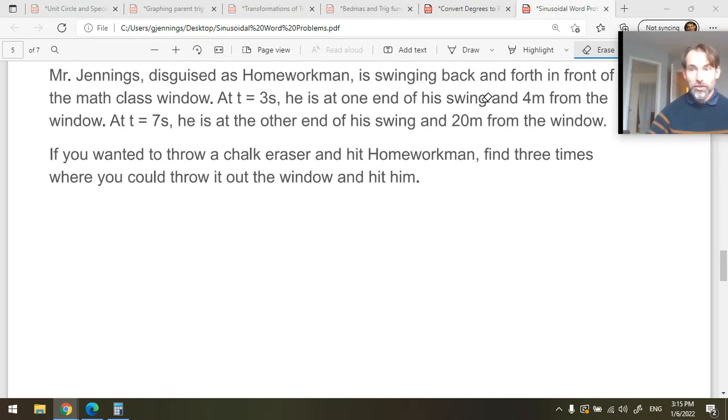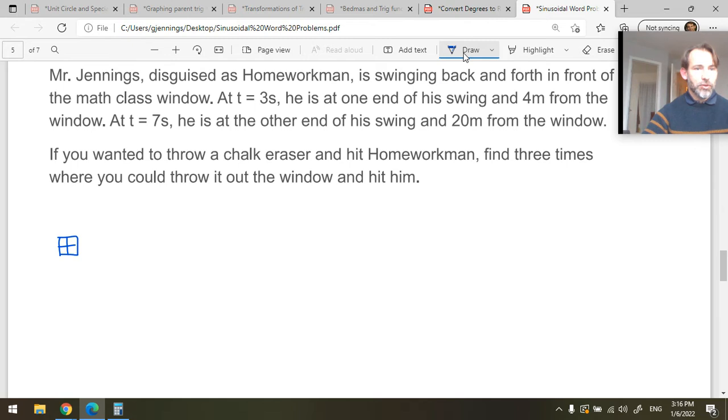Okay, let's see if we can use our knowledge of trigonometric functions to figure out when to peg me with the chalk eraser. So we know these things. We should draw a picture first of all this, because I think some people don't know what I'm imagining. So that you're clear on what you're imagining, you should draw a window, okay?